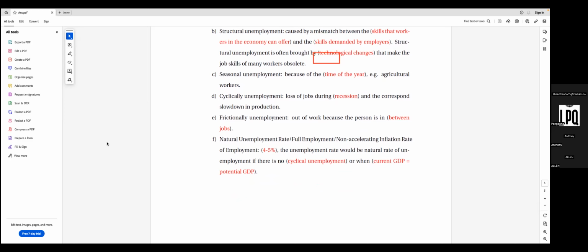The next one is called seasonal unemployment. This one is easier, as suggested by the name. You can find a job maybe during summertime, but you will be unemployed during wintertime. This kind of unemployment usually happens in the agricultural sectors. For example, I'm working as a fisherman.